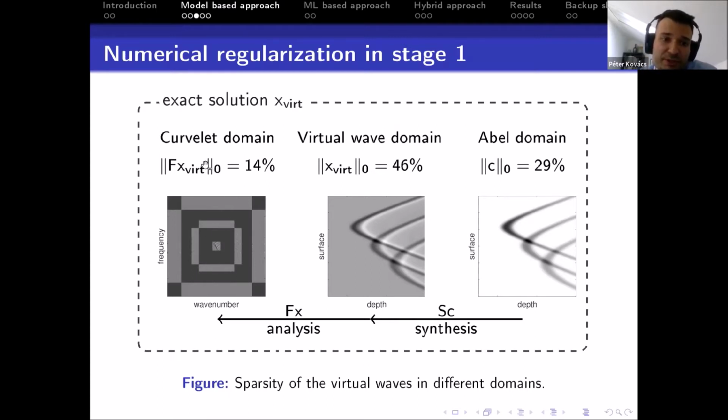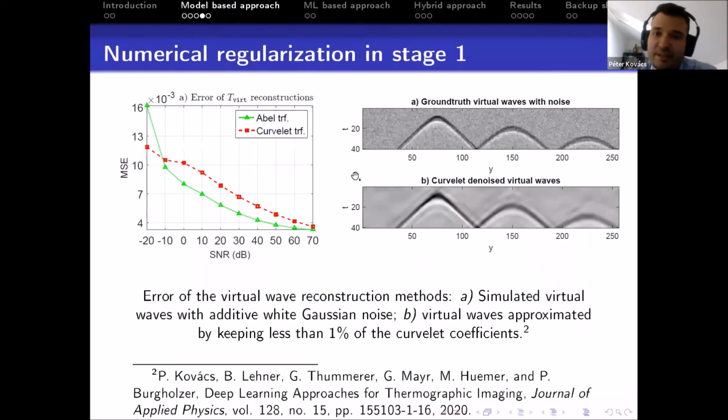And this is true, since if we transform the virtual waves to the curvelet domain, then the number of non-zero image pixels is heavily decreased, so only 14% of the overall number of pixels are non-zero.